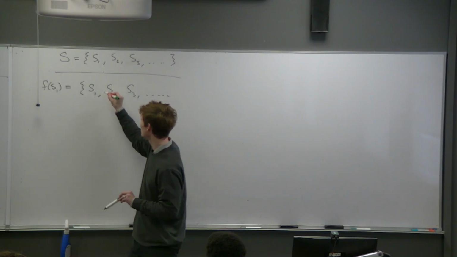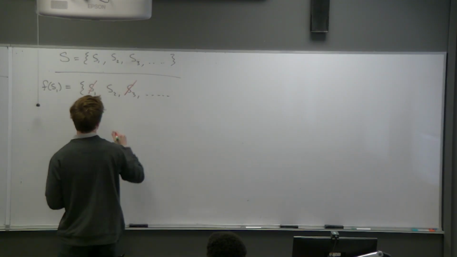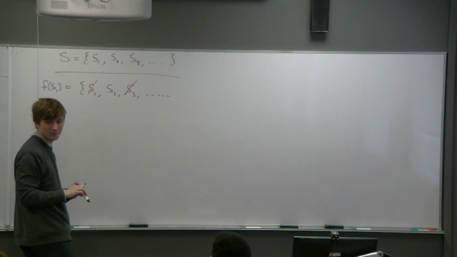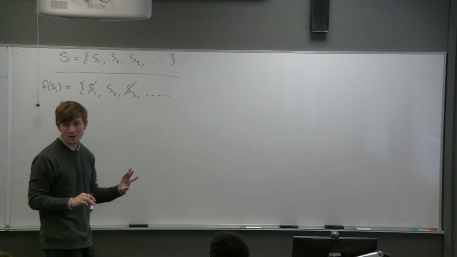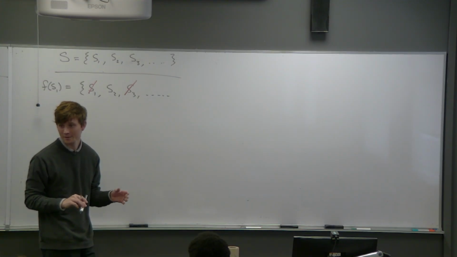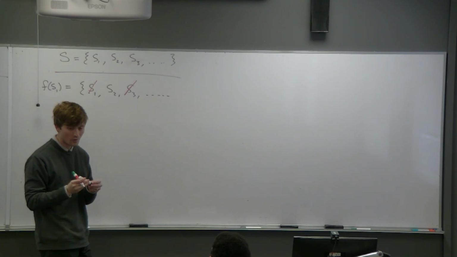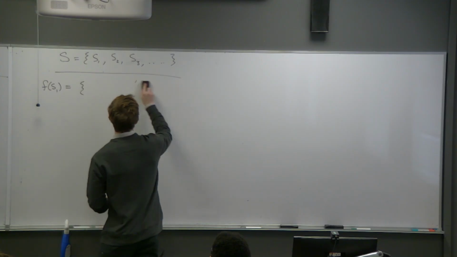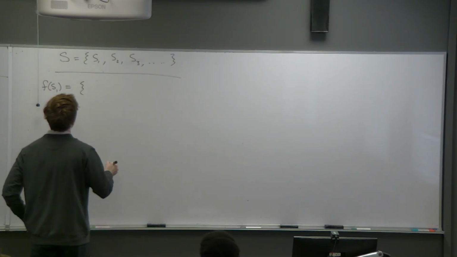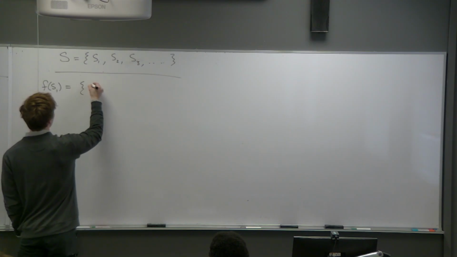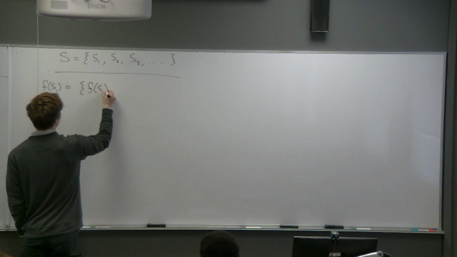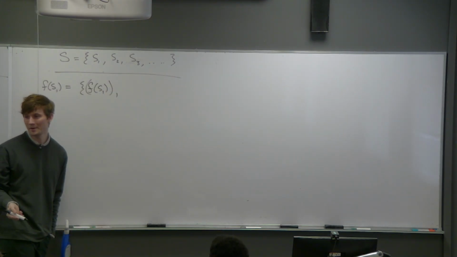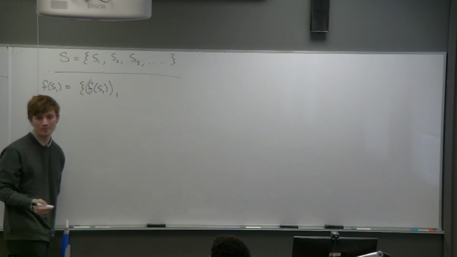Maybe you don't have s1 and you don't have s3 and you have a couple other things. See what I'm saying? There's some collection of elements. Now you could write these as something like, let's call it f of s1, the first element in the set, the second element in the set, and so on, right?